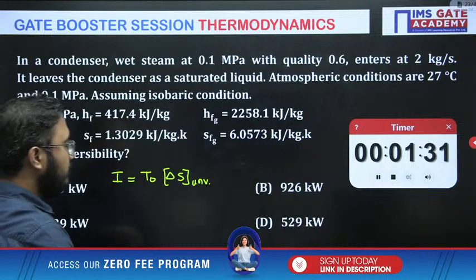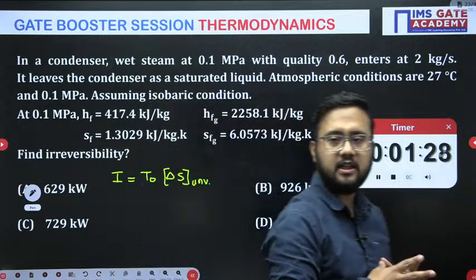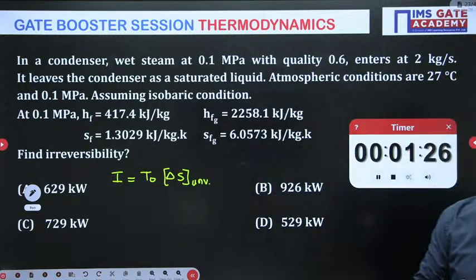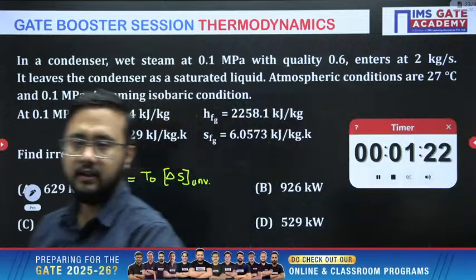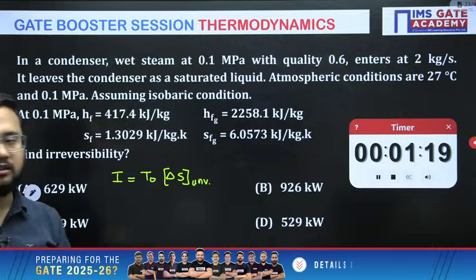So first what you will do, Aditya, is entropy change of condenser, entropy change of surrounding, and then you will add, you will get the delta S of universe actually. Okay, and then you will get the answer of irreversibility as well.